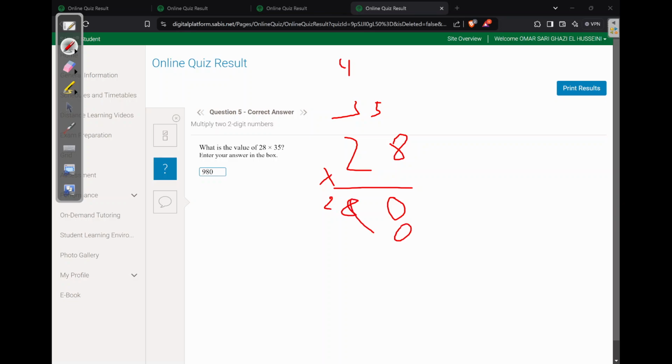And now here's 0. And here's 2 times 5 equals 0 here. And now we add that 1. Now that's 2 times 6 equals 6. 2 times 3 equals 6. And then we add that 1 equals 7. Now I plus it. Equals 9. Equals 980.